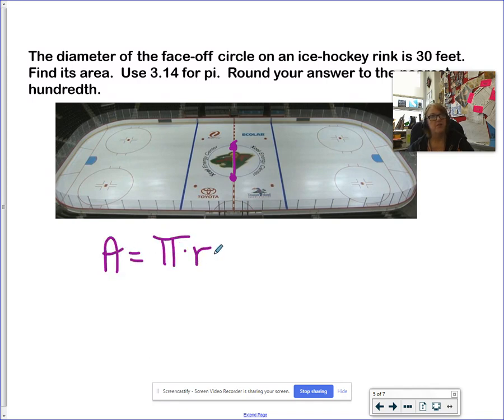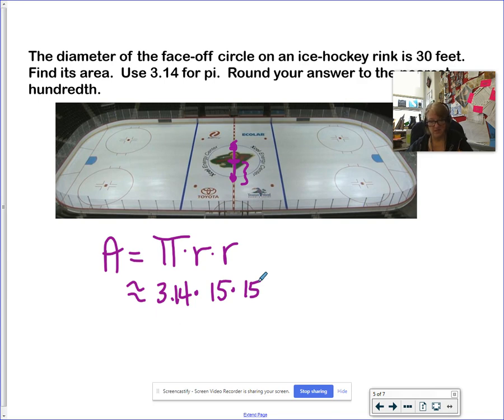Area is pi r squared, or pi r r. So we are going to take our decimal approximation for pi, 30 feet all the way across, but we just want a radius that's coming from the center out to the edge, which is going to be half that, 15. But I have to multiply 15 in there times itself.